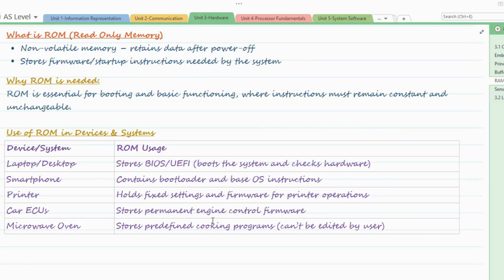Whenever you talk about ROM, you're talking about permanent instructions being saved. Whenever you're talking about RAM, you're talking about current instructions or data being saved.